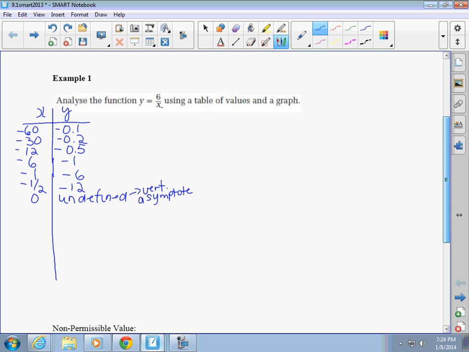Okay, now I'm going to work my way back up. 1/2 gives me 12. X value of 1 gives me a 6. 6 gives me a 1. 12, 0.5 or a half. 30 is 0.2, and 60 is 0.1.